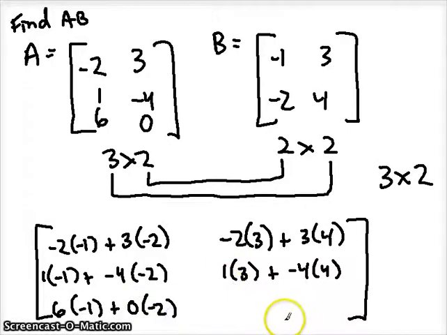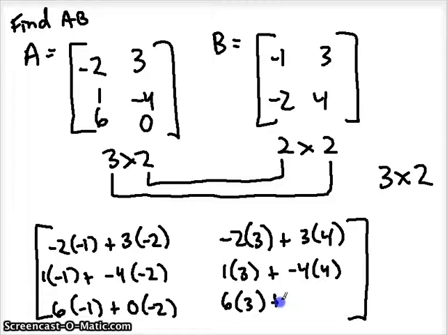And then we move over to the next spot. This spot we would refer to as third row, second column, so we need to multiply third row, second column together. So first entry is 6 and 3. And add that to our second entry product, 0 and 4.